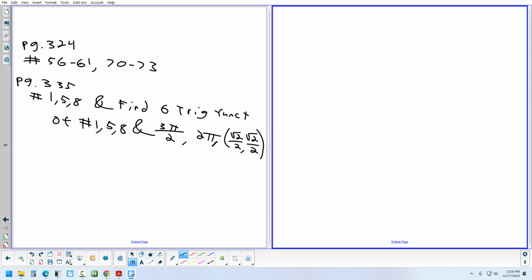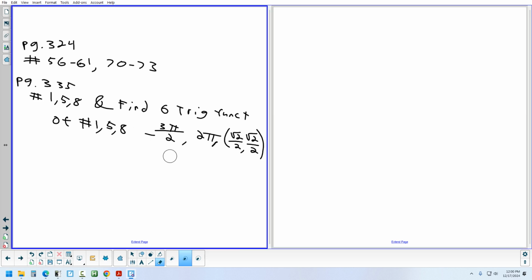So page 324, that's the angular velocity. And then, all right, 1, 5, and 8. Let's just do those. So they're asking you in the book to find the coordinate.